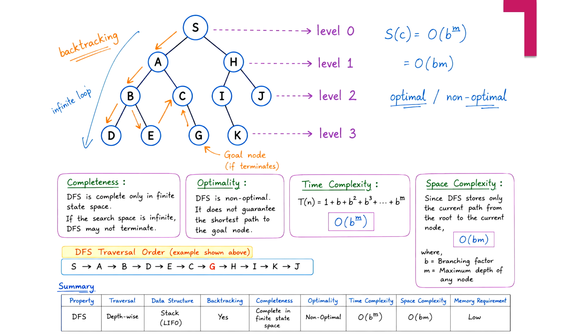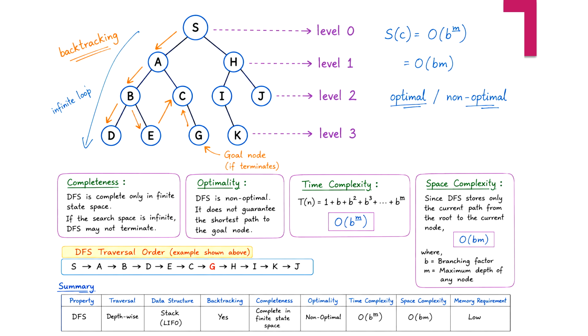This is one more example. In this example, S is the start node, G is the goal node. First it starts from S and A. A has two children, B and C, and B has children D and E. The search goes from A to B, B to D. D has no child nodes, so it will backtrack.